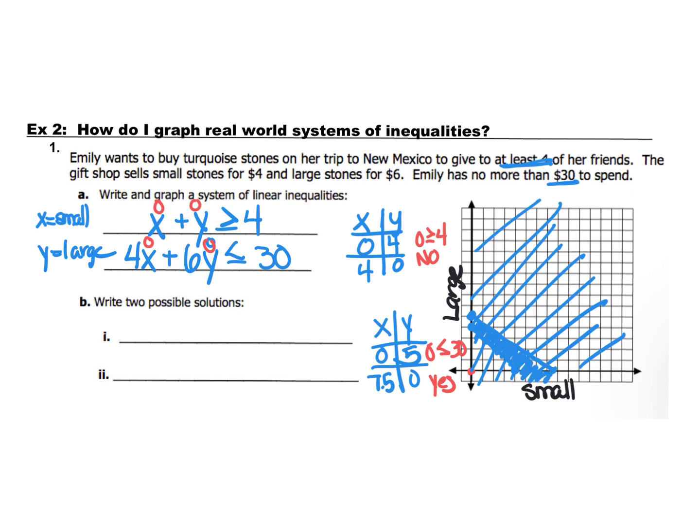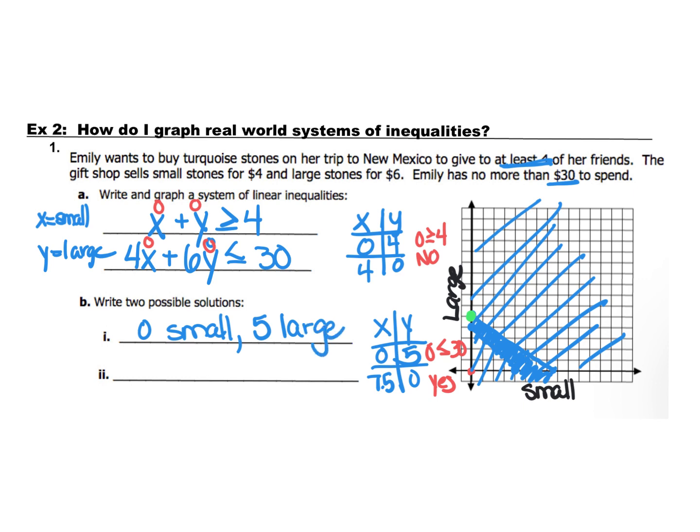So let's go ahead and find 2 solutions. One solution we could have is 0 and 5. So I could just buy 0 small stones and spend it all on the large, which would be 5 large.